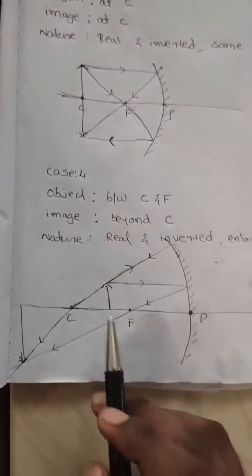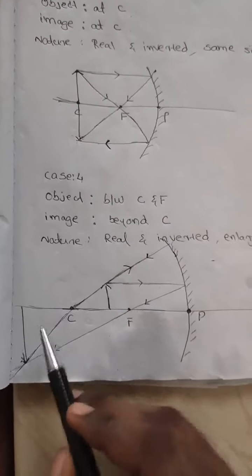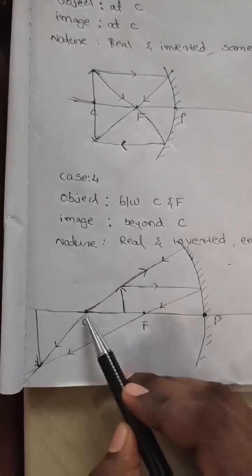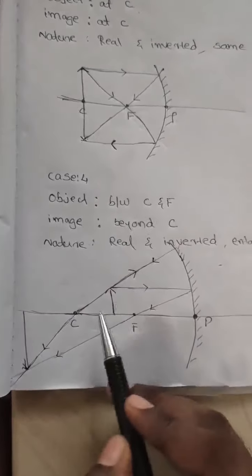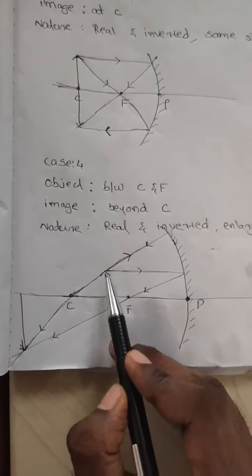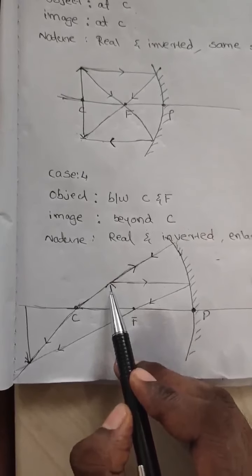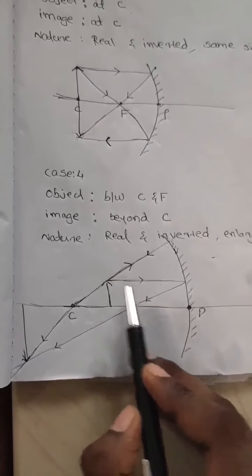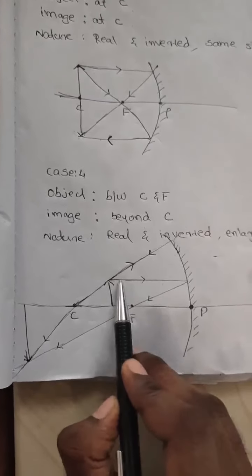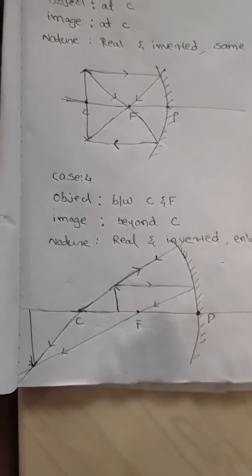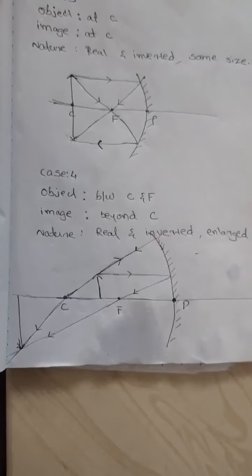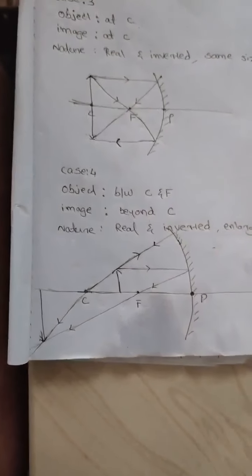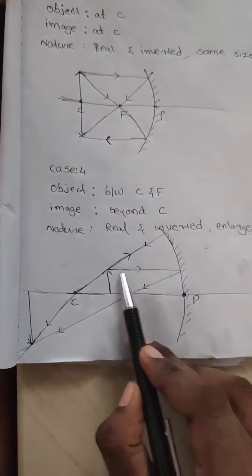Once again, I explain case 4. This is a straight line. This is a straight line. Don't bend here. There is no bend here. I have placed the object between C and F, and first I take this ray moving parallel to the principal axis.